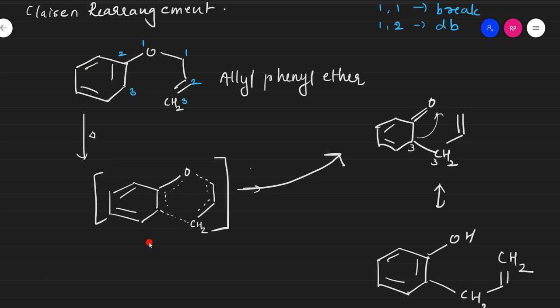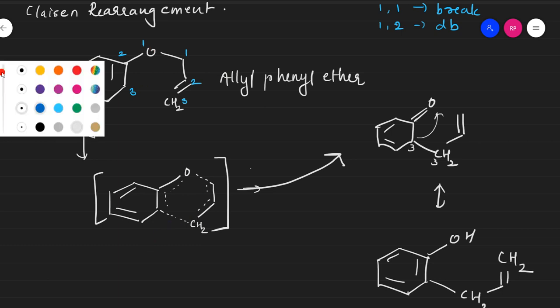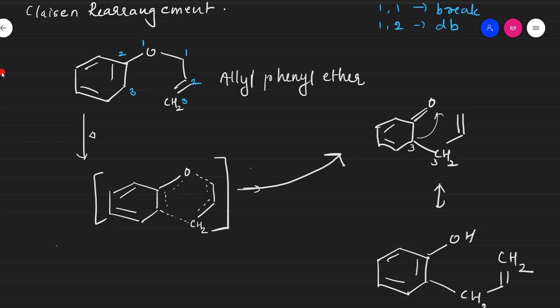Claisen rearrangement is a rearrangement of allyl phenyl ether. So whenever you get this type of structure, this is your Claisen rearrangement. So allyl phenyl ether, when heated, undergoes a rearrangement reaction.